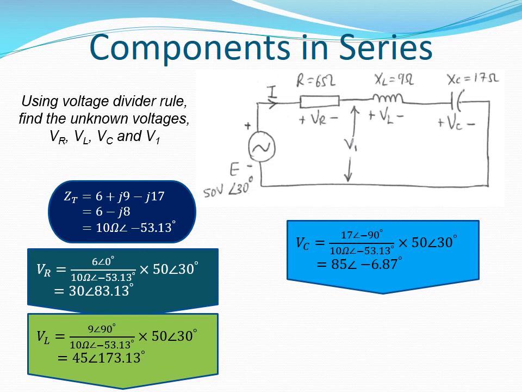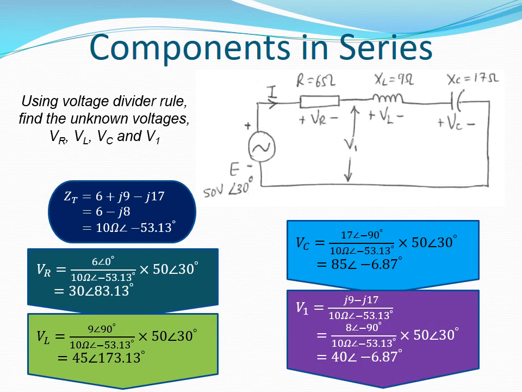Therefore, we substitute the impedance of the element in question, the total impedance, as well as the total voltage across the series network into the formula for voltage divider rule. We obtain the voltages as VR equals 30 volts at 83.13 degrees, VL is 45 volts at 173.13 degrees, VC is 85 volts at minus 6.87 degrees.